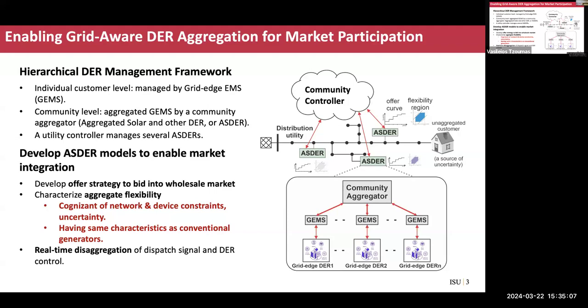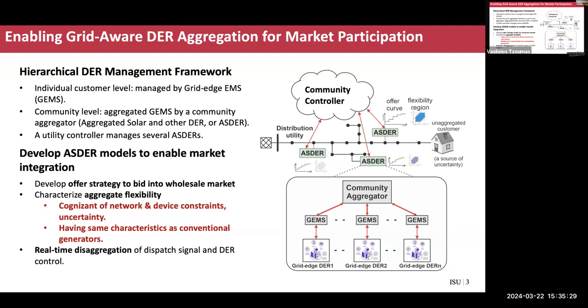So we also need a distribution utility to help manage or set certain bounds for how those aggregators should manage their end devices. This is mainly the basic setup that we're trying to leverage here.